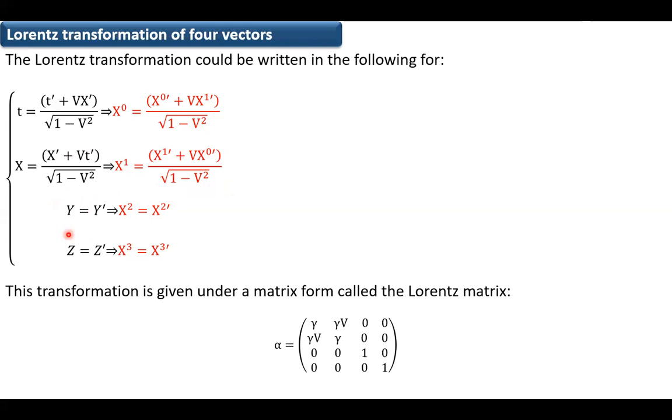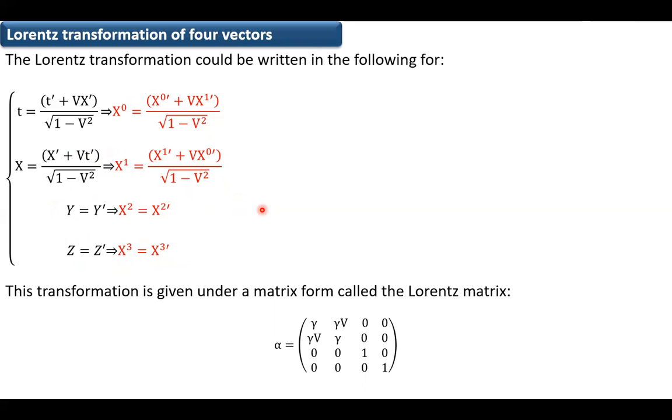No motion along y and z, they stay the same. So y is equal to y prime, so x2 is equal to x2 prime, and z is equal to z prime, so x3 is equal to x3 prime. So here in red is your Lorentz transformation in 4-vector notation, or in Minkowski space notation.